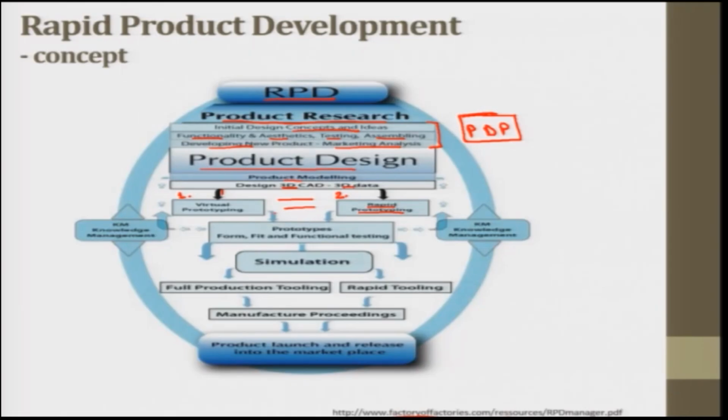Now, virtual prototyping or rapid prototyping or both lead to the prototypes, that is we get form, fit and functional testing, which I just said we do in laboratory conditions or controlled conditions.